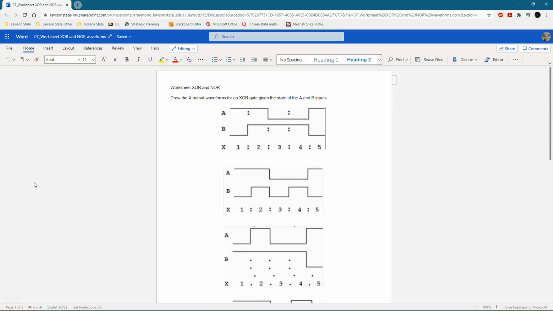Anybody want to take a guess? I'm lost. All right, so for an exclusive OR gate, what was the truth table? The truth table is that two signals that are the same will not produce an output signal.